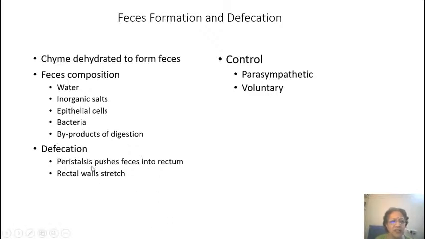So in defecation, peristalsis pushes this feces into the rectum. The rectal wall stretches, and then there is an action. We'll study that with rectum and anal canal. But remember that all of this is already happening by the time you come to the sigmoid colon, and the control of it is under parasympathetic control, which, if you remember, we said is the inferior hypogastric plexus, from the S2, S3, S4 segments of the spinal cord, not vertebral segments, which are somewhere near the L1 level.